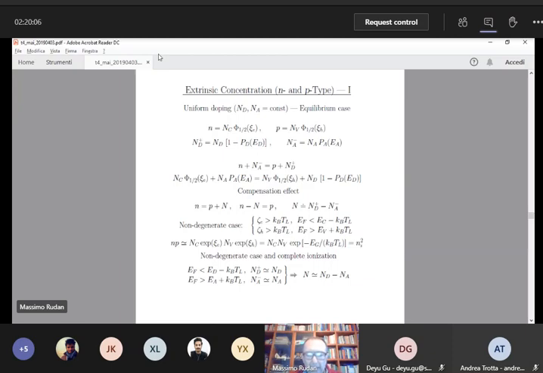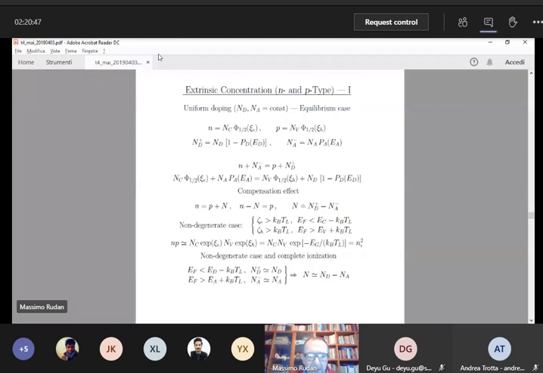So assume that it is positive. In this case, if you look at the left, you can write the balance equation as small n equal to small p plus N. So when N is positive, that means when the donors prevail over the acceptors, the balance equation becomes identical to the balance equation for a crystal that is doped only with donors.